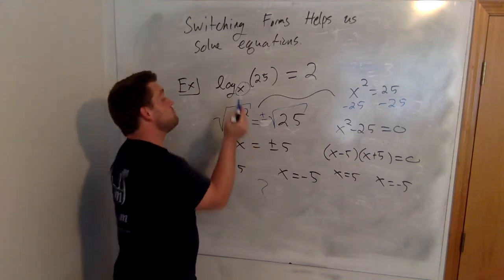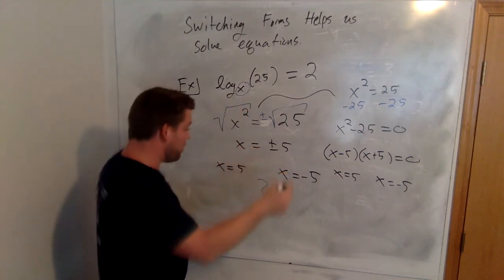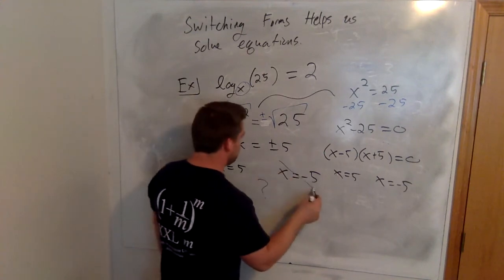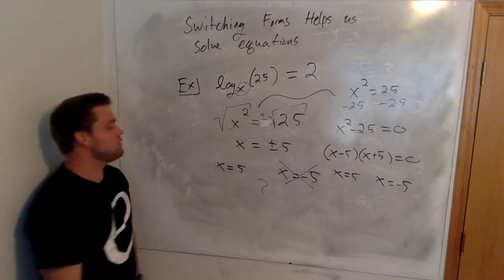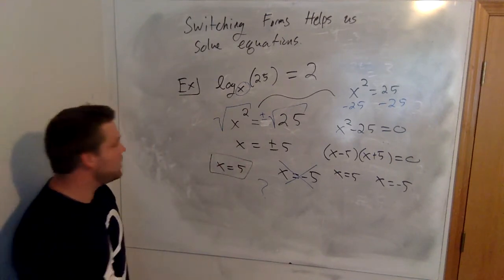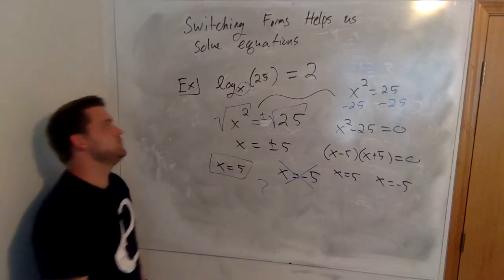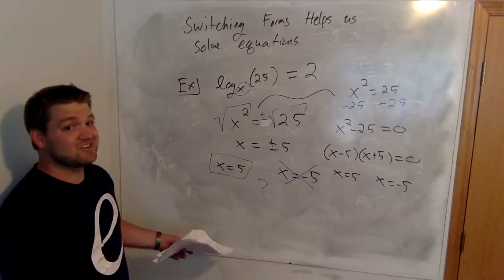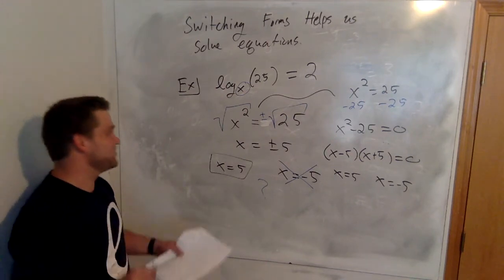The logarithmic bases have to be greater than 0. In this case, we can't have x be equal to negative 5. x will just be 5 in this case. And that just comes from the condition we have on the base of a logarithm, which came from the condition of the base for exponentials.